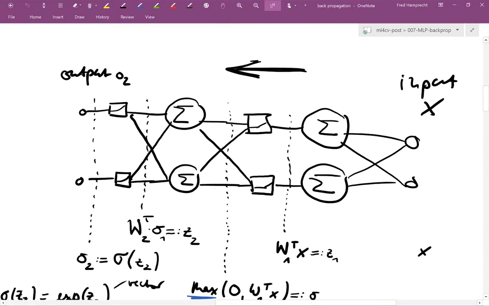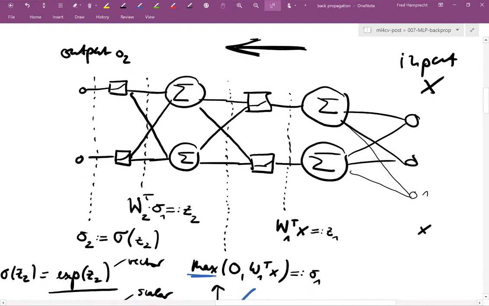Then the circles on the right-hand side are again symbols for my perceptrons. If I wanted, I could add extra connections here for the bias of each of these perceptrons. I'm calling the input X.